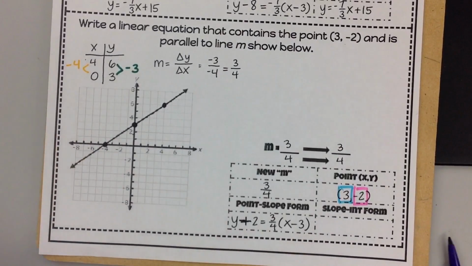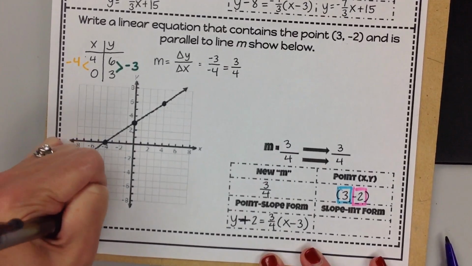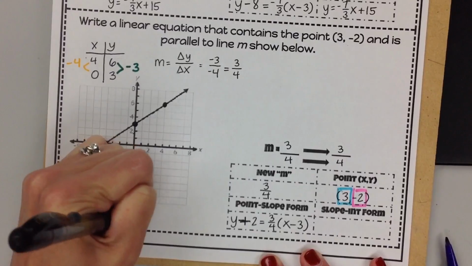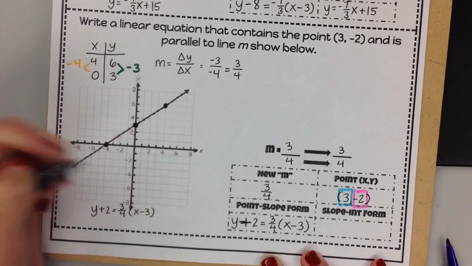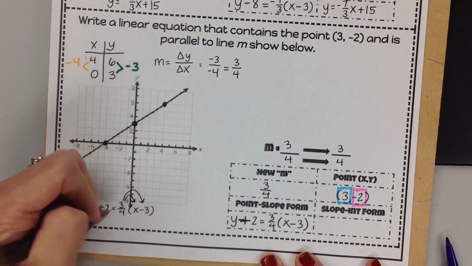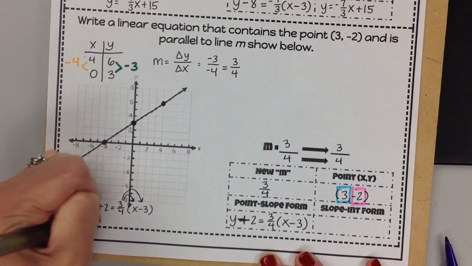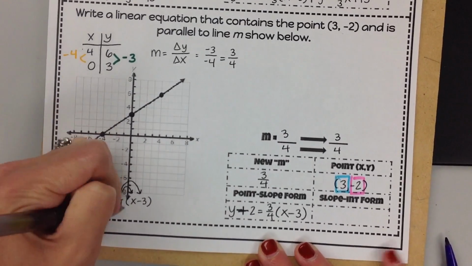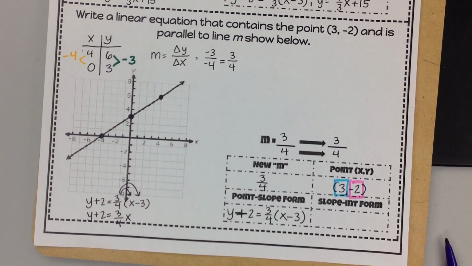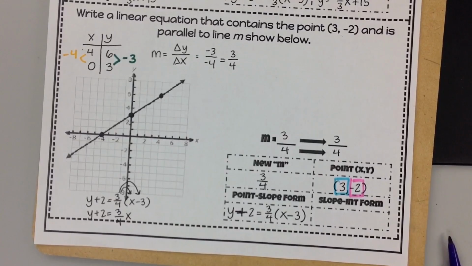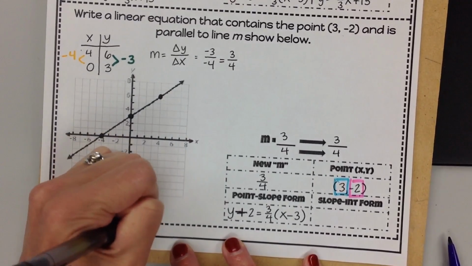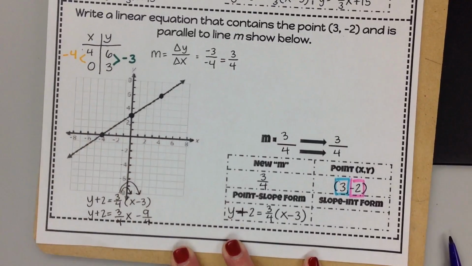So now I'm going to change my equation. So y plus 2 equals 3/4 times x minus 3, and I'm going to distribute my slope. So y plus 2 is equal to 3/4 x, and now I'm going to multiply 3/4 times a negative 3, which is going to give me negative 9/4.